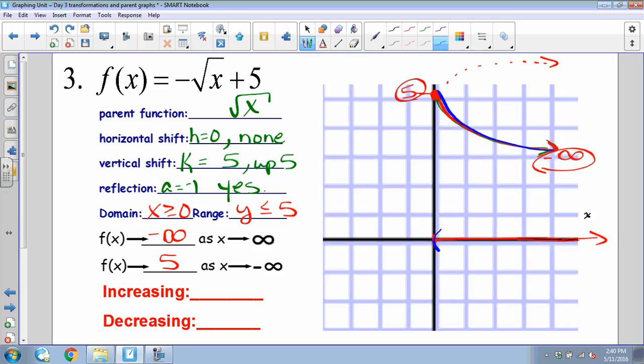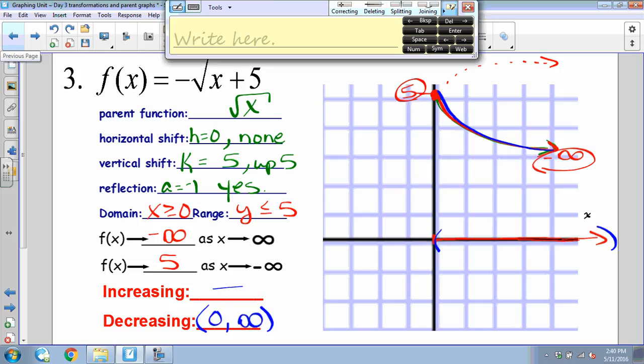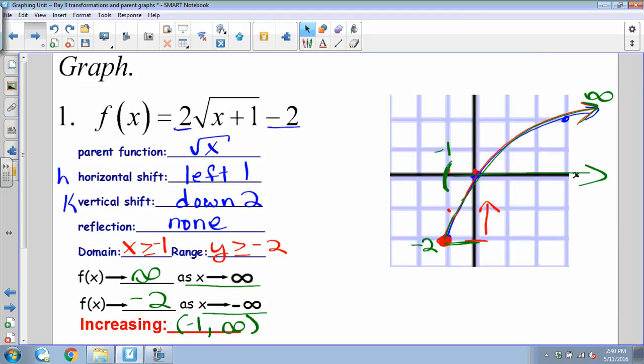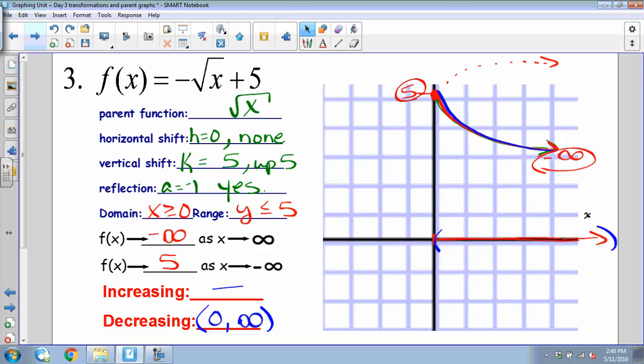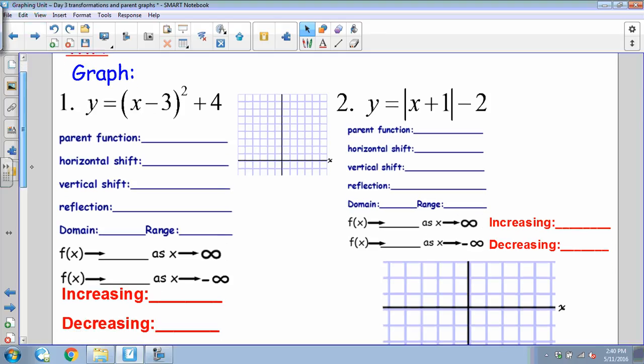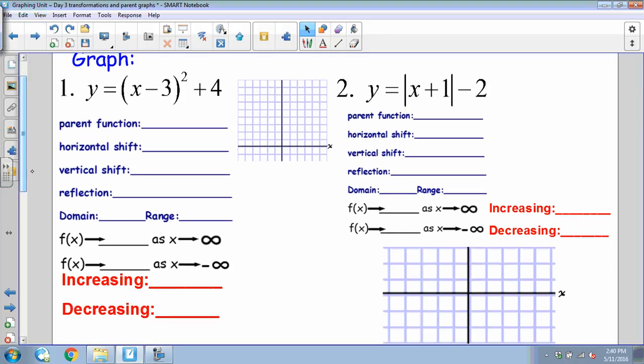So it's decreasing from 0 all the way to positive infinity. Okay, so I want you to try these and then check your answers.